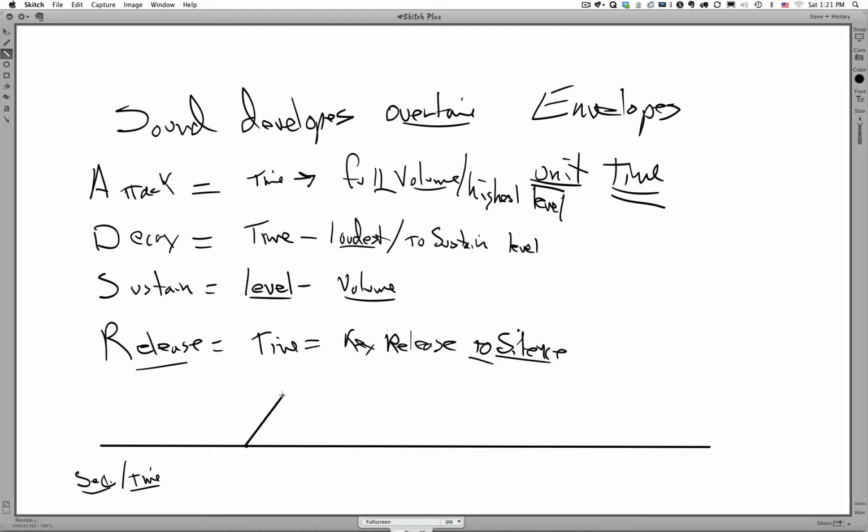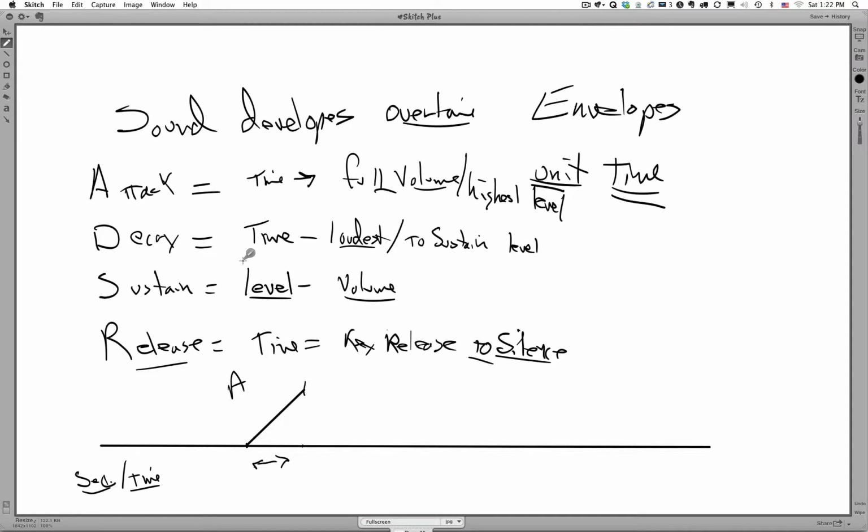It's going to be some amount of time. If it is a quick attack, it's going to take a short amount of time, something like that. So from here to there, that amount of time. If it is a longer attack, it might be something like this, so this distance from here to there. So this is going to be our attack, or attack time.